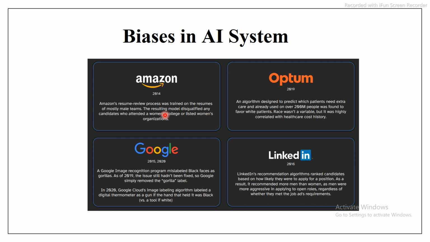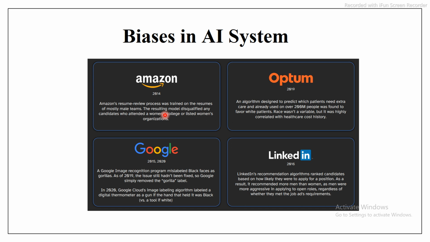In 2020, Google Cloud's image labeling algorithm labeled a digital thermometer as a gun if the hand that held it was black.